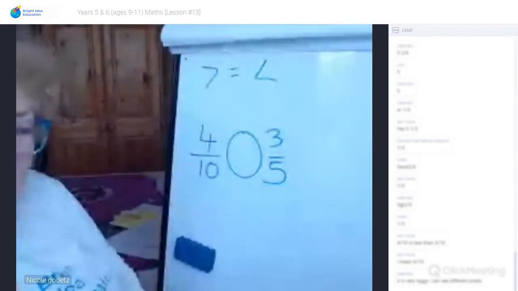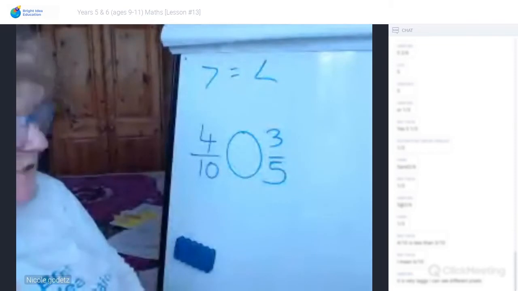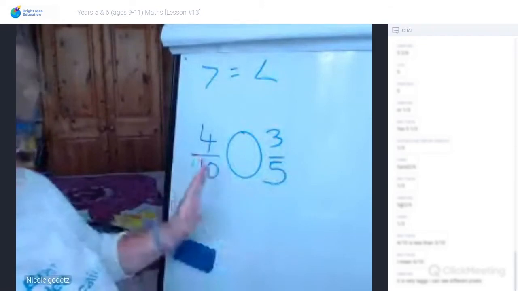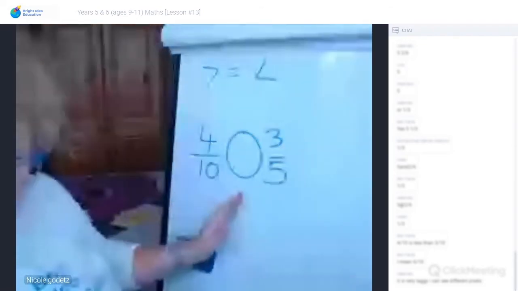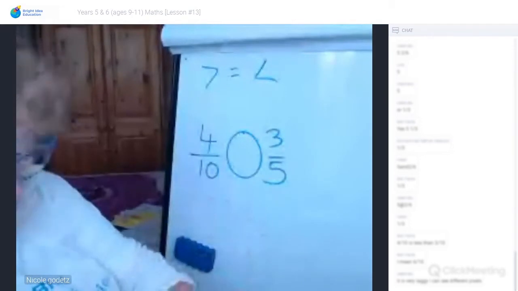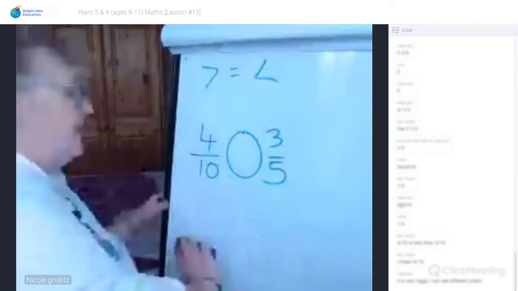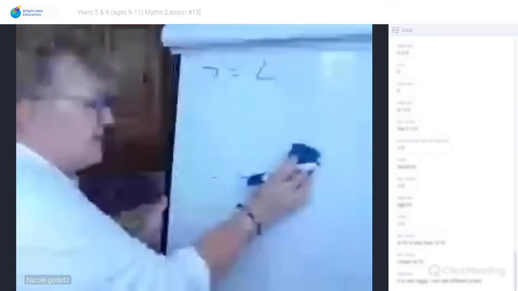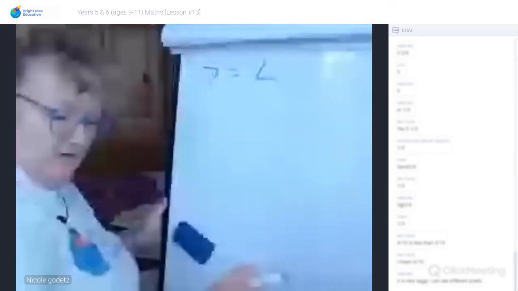The actual program asks you to refresh. So 4/10 and 3/5. Now, let's make them the same. I could think about halves. Oh, I think we did this when we started off with this one, didn't we? So we know that 3/5 is bigger. We did that one. So let's have a look at the next one.